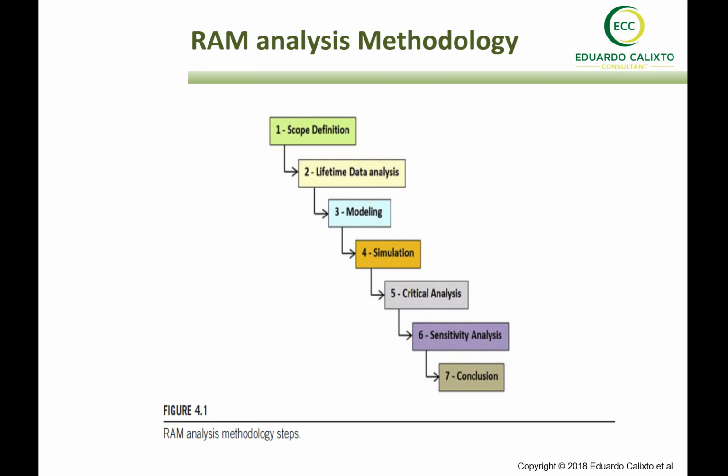Since we have this information, we can start to work on the bad actors and then demonstrate and propose some actions, depending on which phase we are in the design. For example, you can put some reliability requirements to avoid the bad actors' influence on system performance, or we can also put some redundancies and different preventive maintenance policy and so on.